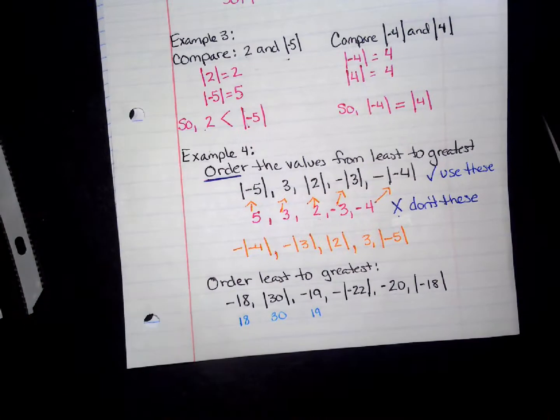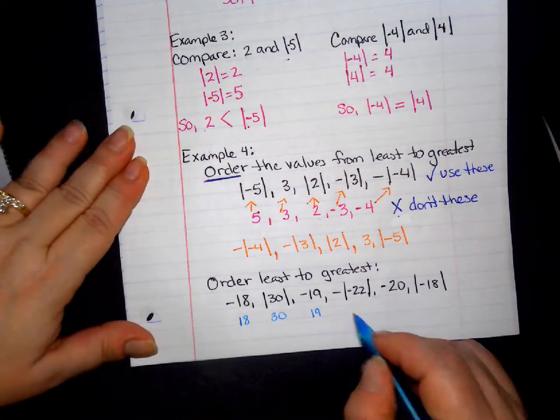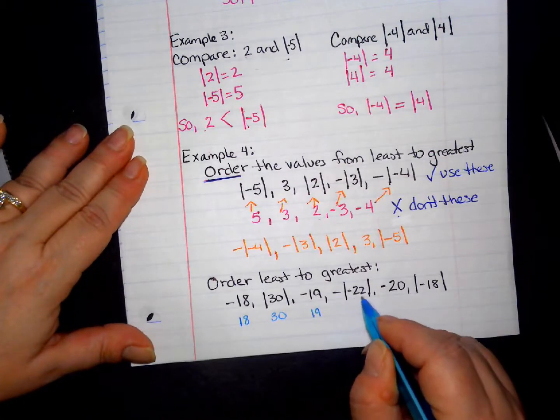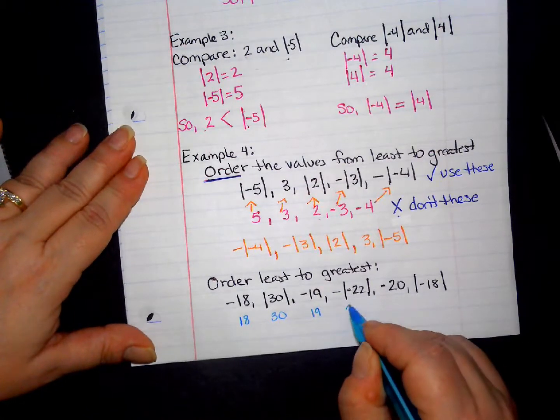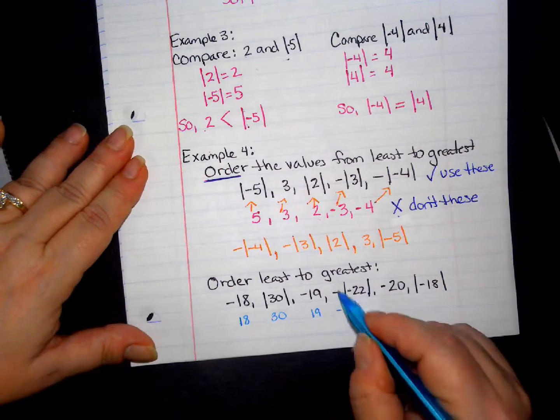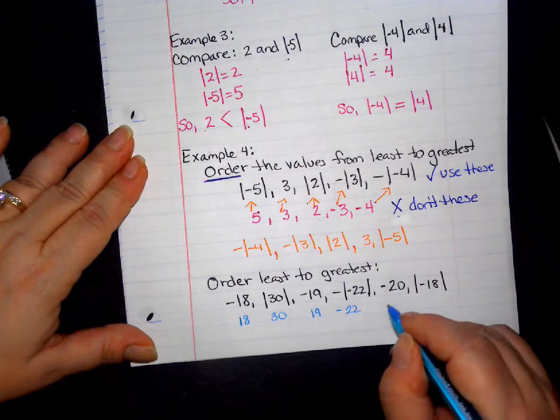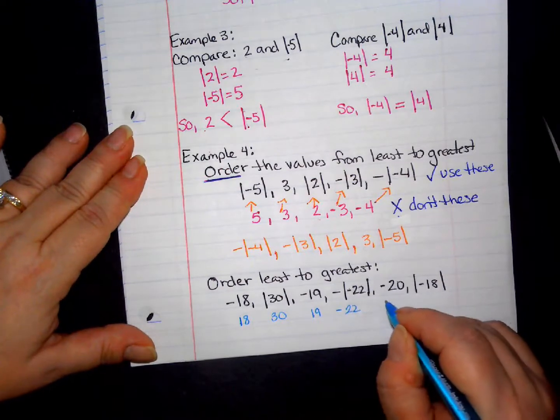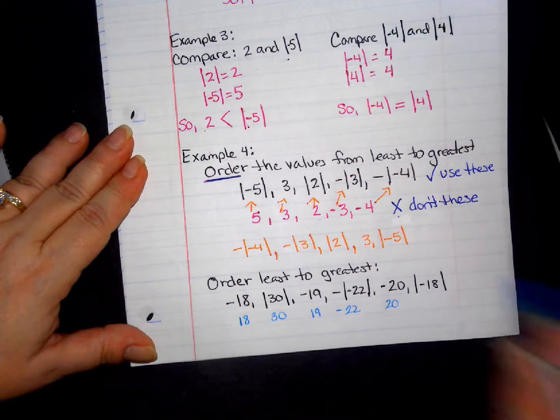Okay, the absolute value of -22 is 22, but we have to keep that negative right there, the extra negative. Okay, the absolute value of -20 is 20. The absolute value of -18 is 18.